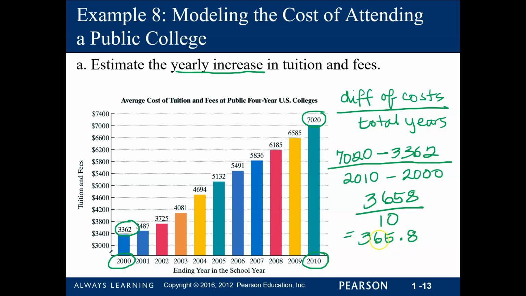Now, when we are talking about estimation, we prefer nicer numbers, right? So we can remove the decimal and round it off to the nearest whole number. So our estimate is that every year there is an increase of $366. That is our estimated yearly increase.